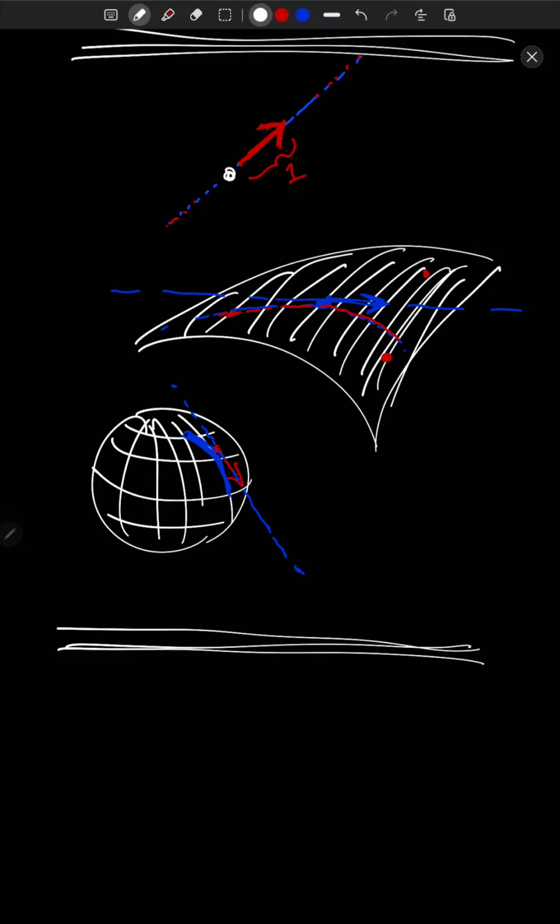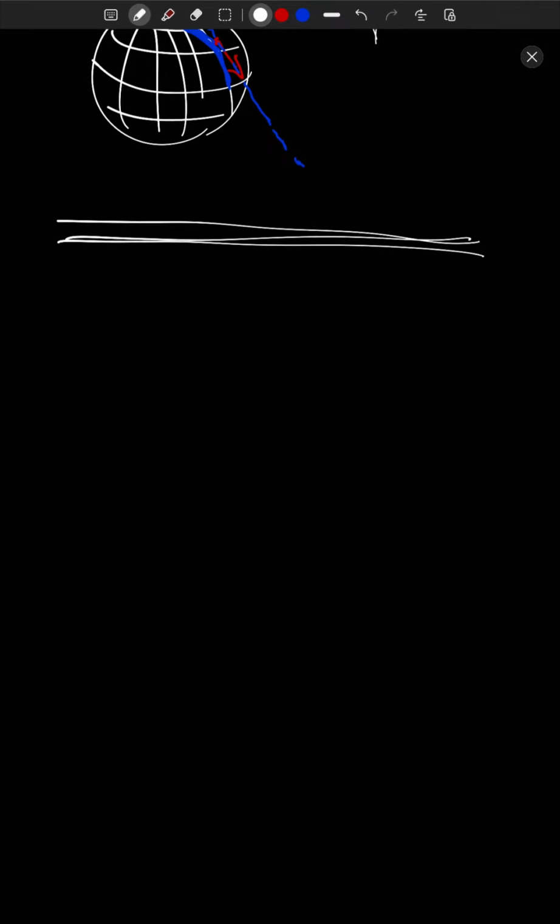Okay, so let's do one calculation, and then we'll talk about something really nice. So let's say f of x comma y is equal to, again, just something simple, x squared y cubed.